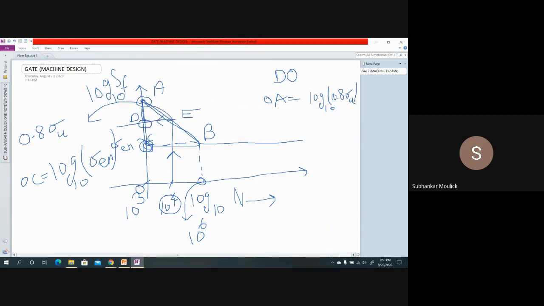I can write AD by AC, that is, this much is AD and this much is AC, equal to DE by CB. Can I write AD by AC equal to DE by CB?